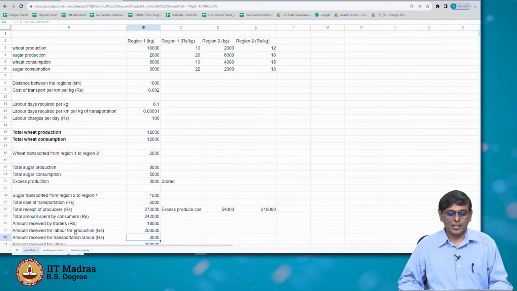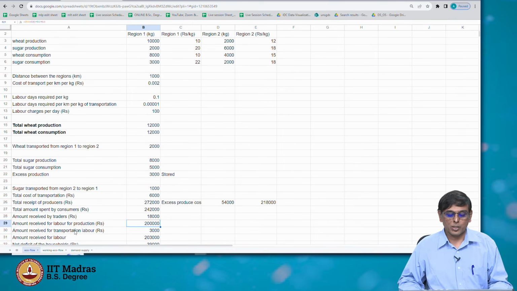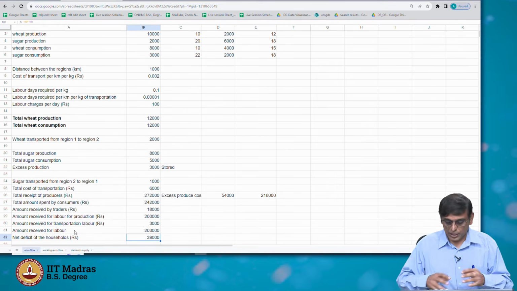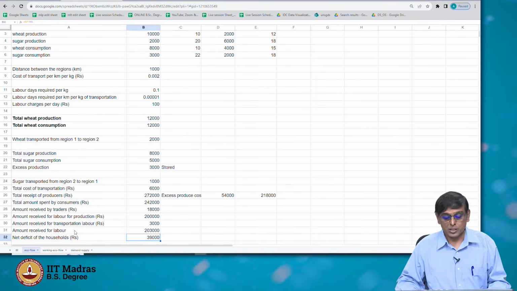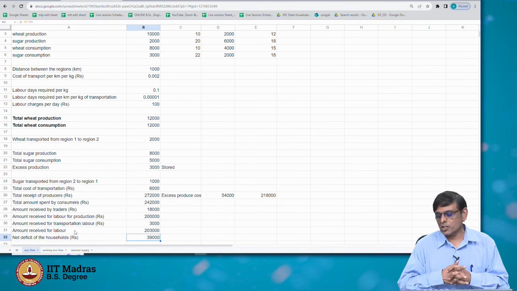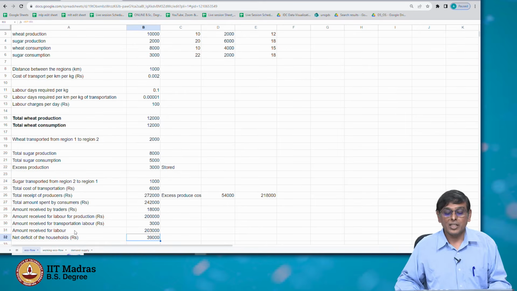The amount of labor spent in production was 2 lakh, and for transportation 3,000 rupees. So, total amount was 2 lakh and 3,000 rupees, and so there is a deficit of 39,000 rupees on the consumer's side, which presumably they took from their savings, or they got some other source of income which is not reflected here.